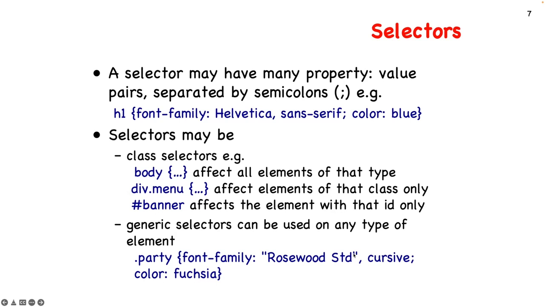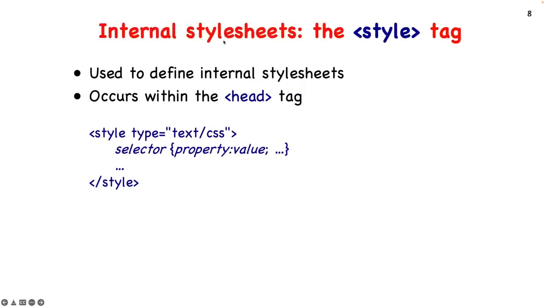Okay, so we've seen an example of what an external style sheet definition looks like. Now, if we have an internal style sheet, we say style type equals CSS. So we've got a style tag, an end style tag, and in the middle we have some rules.